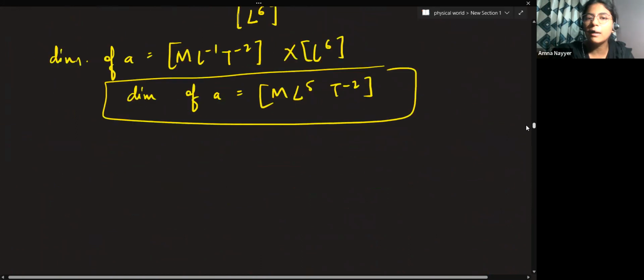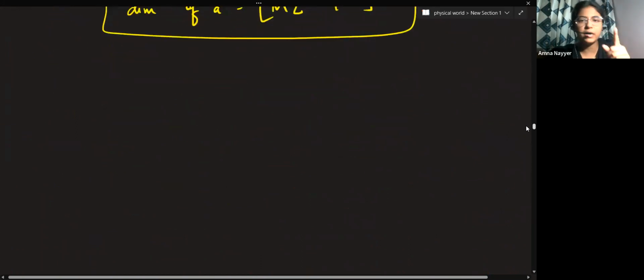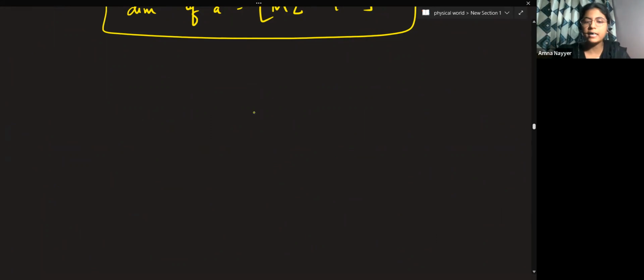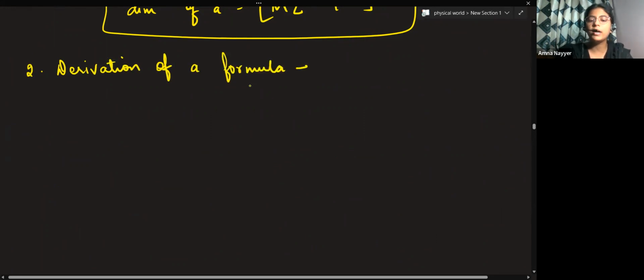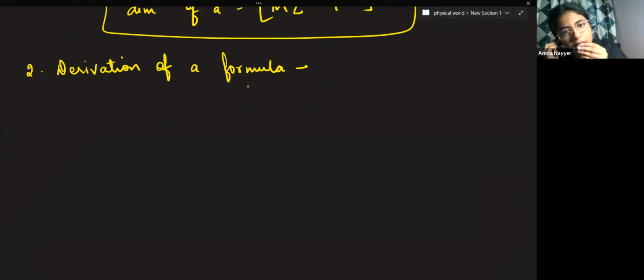So see, one of the applications of dimensional formula is how to find out the unknown quantity. The second one is derivation of a formula. Now, if you are given certain quantities and you know their proportionalities, then using dimensional formula only, you will be able to find out what the formula is.